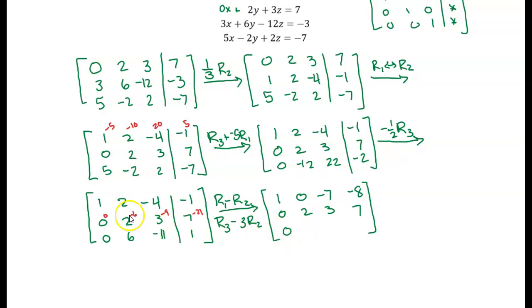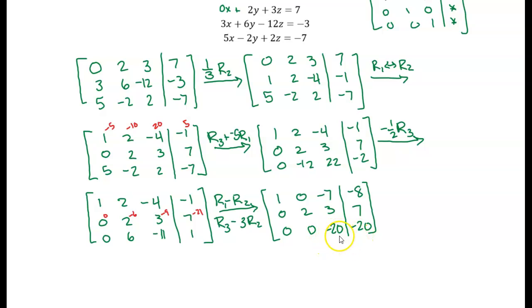So this element is 0. I take 6 minus 6, and that's 0. That's what I was going for. And then I take -11 minus 9, which is a -20. And then I have 1 plus a -21, which becomes a -20 also. Okay, so there's my next augmented matrix.